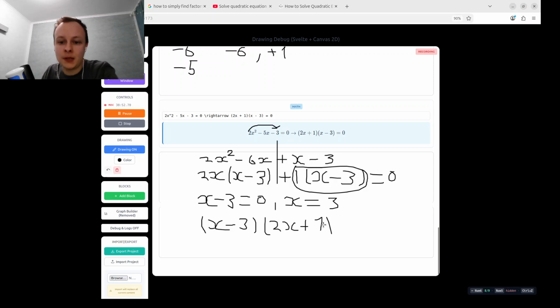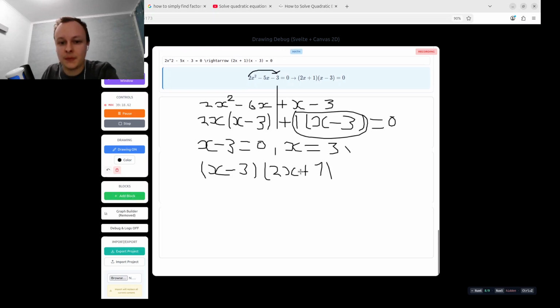Why can we do that? Because it's another form of the same equation, if we just factor out the same x minus 3 within parentheses. And here it's actually more clear. It is much more clear about the statement that we found before, x equals 3.